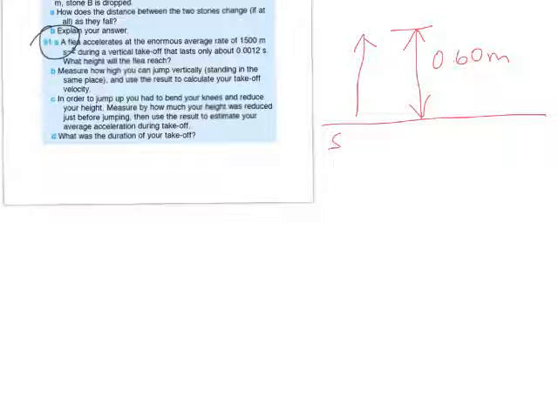So let's say this is your data table for you. We're going to assume that your initial velocity is really high, well, the highest it can be, but your final velocity is 0. Your total displacement is 0.6 as you jump up, and your acceleration minus 9.81. The time it takes, we don't know.